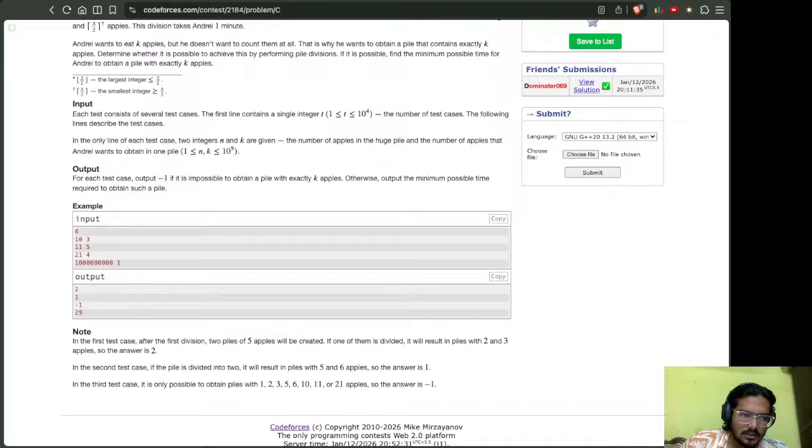In the second test case, 11 and 5. We have 11, we want 5, we divide, we get 5 and 6, 1 division. Then 21 and 4. 21 divided by 2 gives 10 and 11.